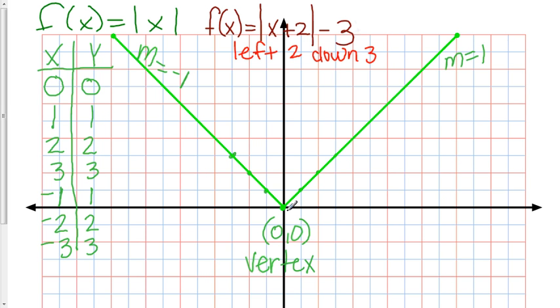So we know then that our vertex is going to be left 2 and down 3. So our vertex is going to be at negative 2, negative 3. And then from there, our slope would be up 1 and over 1 and up 1 and over 1. And it would still be a V.